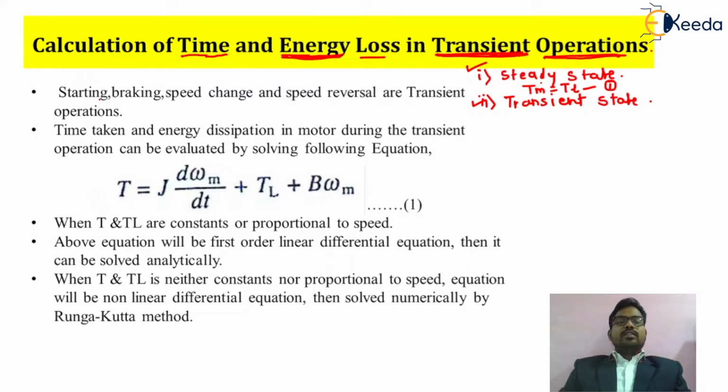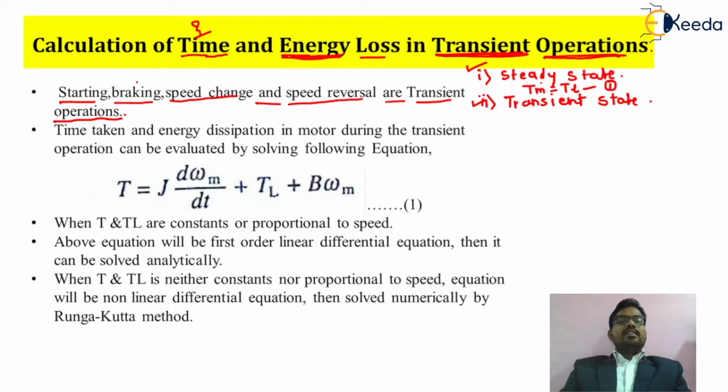Because transient state means what? The state of starting, the state of braking, the state of speed change, or the state of speed reversal. Such conditions are called transient operation. For the starting of your drive, we require the time to start that drive.